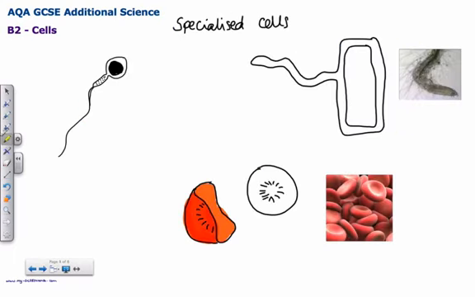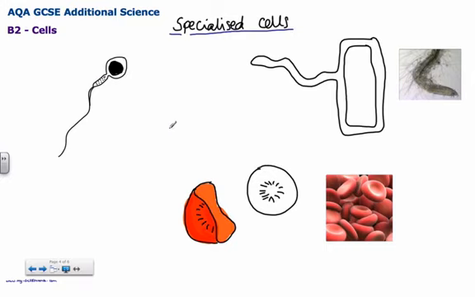Okay, now the next bit that's quite important is looking at what we call specialized cells. Looking at the clock, I see I've got just over 6 minutes. So while I'm going quite quickly, remember, do pause and go over it again if you feel you need to. Right now, every single cell in the body is what we call specialized, and that means it has a special job.